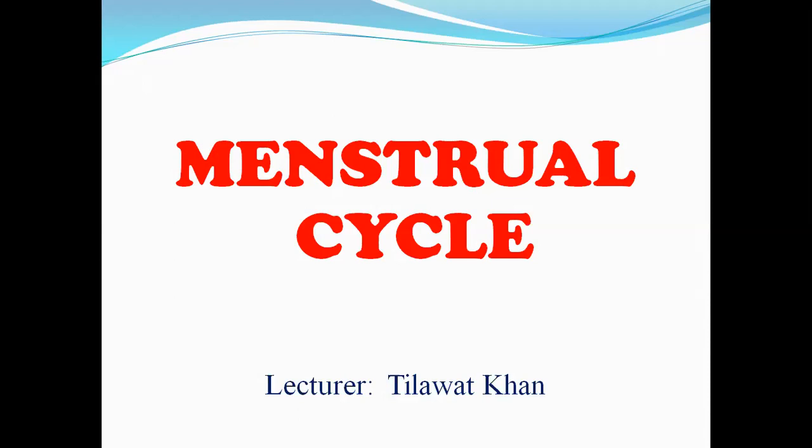So it can vary because this cycle is under the control of different hormones. Because of hormone fluctuation in the body, it can affect her cycle, right? But mostly the average time for this cycle is 28 days. So we are going to discuss this cycle in detail.